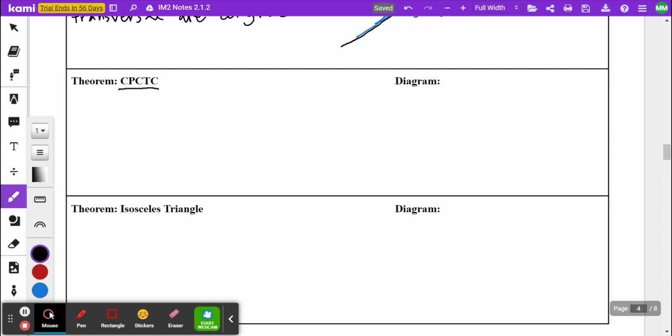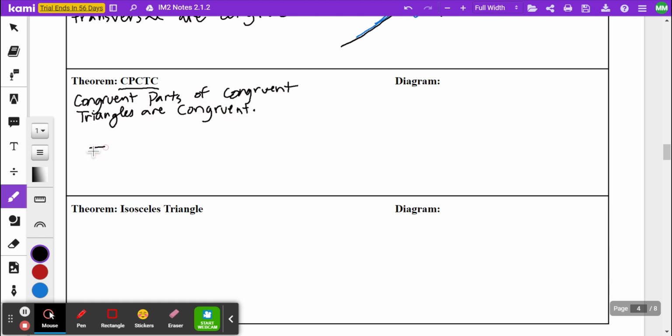That in long form says congruent parts of congruent triangles are congruent. And another short form way of writing that is that if your triangles are congruent, then your parts are congruent.